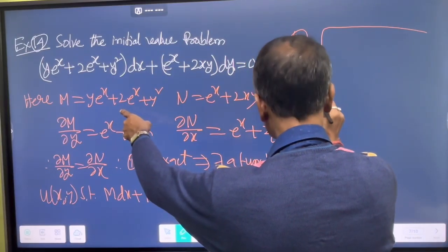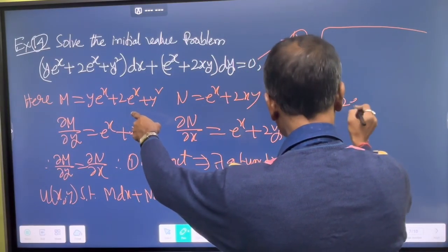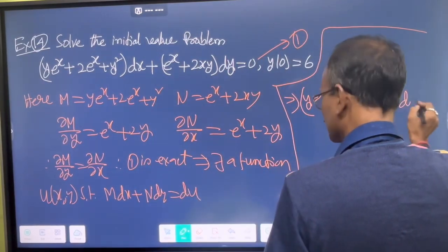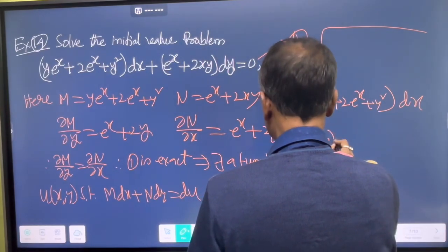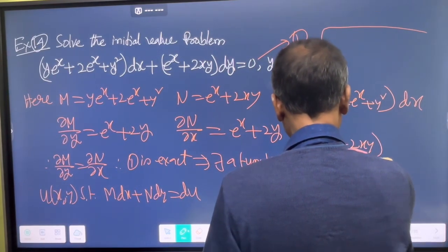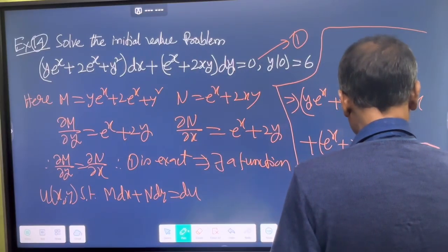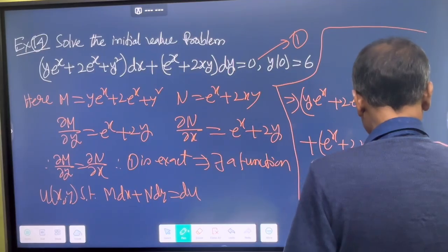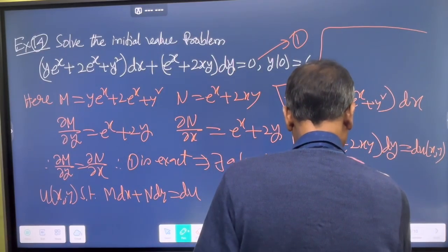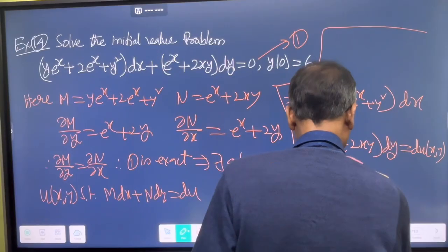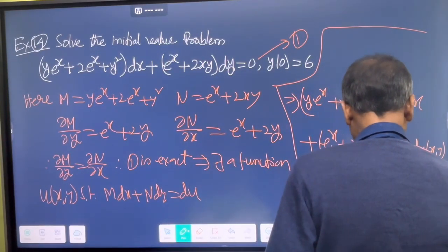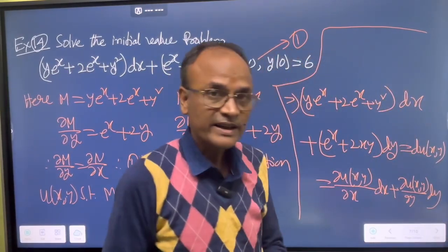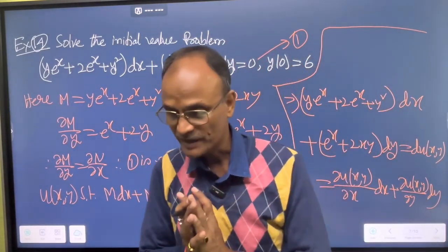It is y e to the power x plus twice e to the power x plus y square dx plus e to the power x plus twice xy dy equal to dU, which is a function. dU means del U by del x dx plus del U by del y dy.